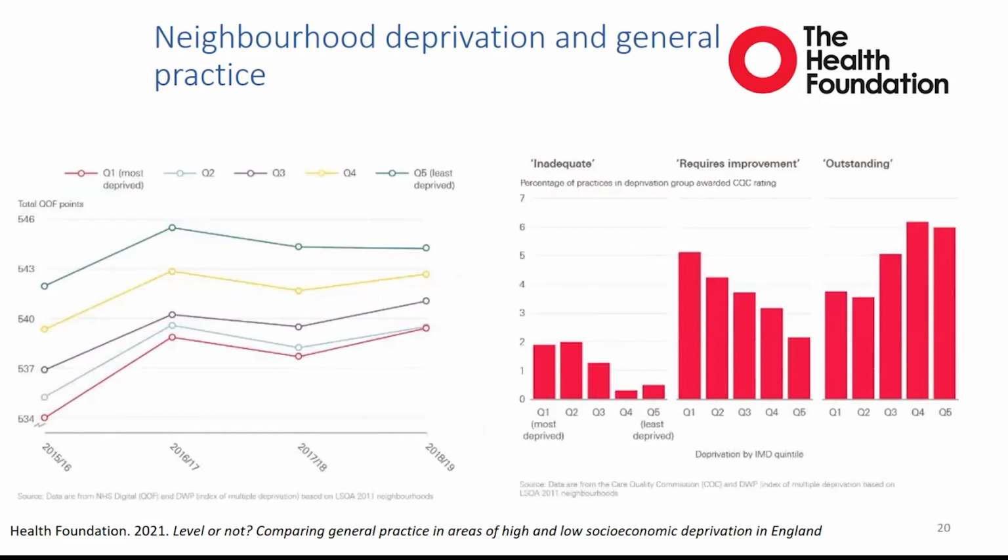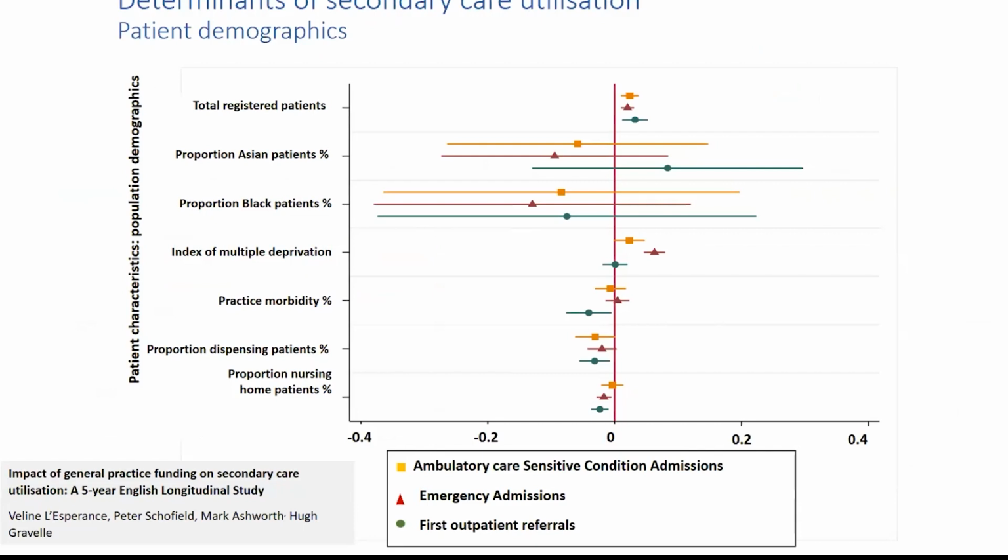Further work from the Health Foundation has also demonstrated that practices in deprived areas have lower Care Quality Commission scores, lower performance, so that's your clinical achievement, and lower patient experience scores as well. Going back to secondary care utilization, we also noted in our own work that patient deprivation was associated with higher emergency admissions, and other studies have found the same.